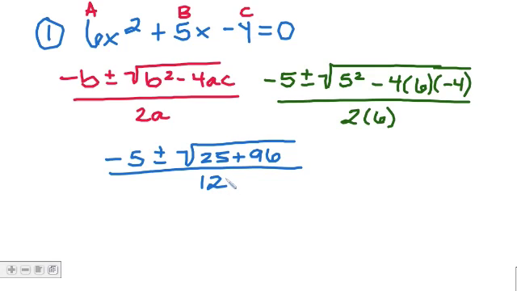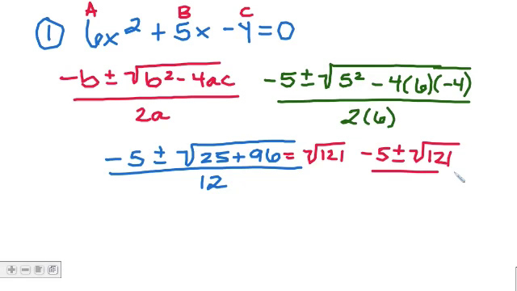All right. Now let's go ahead and solve this out even further. So we're going to do 25 plus 96. Well, 25 plus 96 is going to give me the square root of 121. So I'm going to have negative 5 plus or minus the square root of 121 divided by 12. Well, your square root of 121 is 11.